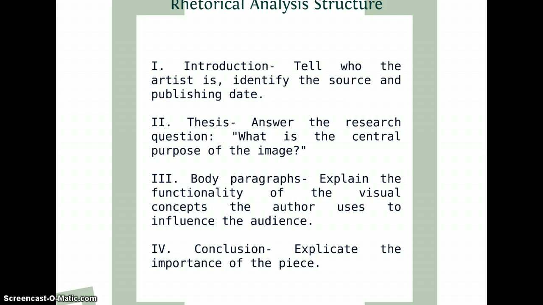And then come to understanding what is the central purpose. And then your conclusion will explicate the importance of that piece, meaning that is the piece successful? Why is it successful? Is it art, or those kind of things. You want to really come to the evaluation part of your conclusion, but it should be significant to your targeted audience.